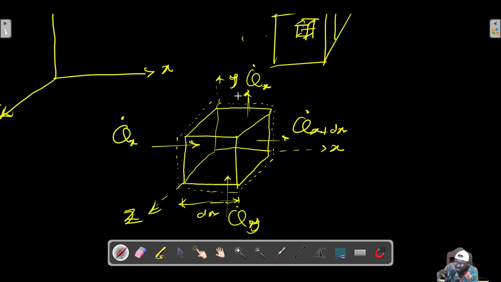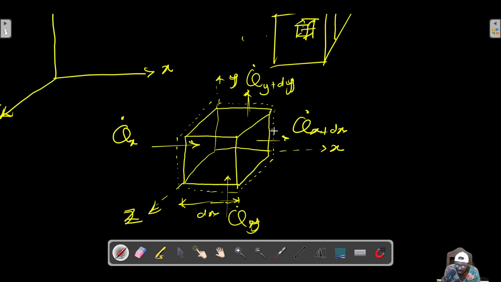The quantity of heat would have changed after the flow had left the volumetric element. So it will be Q dot subscript y plus my infinitesimal change in y.